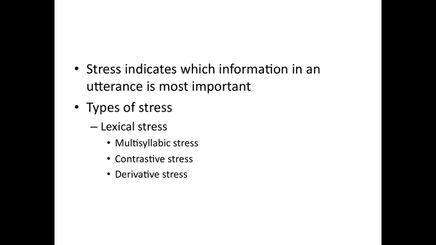For example, the different types of stress I have written here in terms of lexical. One such example is contrastive stress, right? In order to differentiate between a noun and a verb, the stress changes between the first syllable and the second syllable. A good example is contract and contract, right?